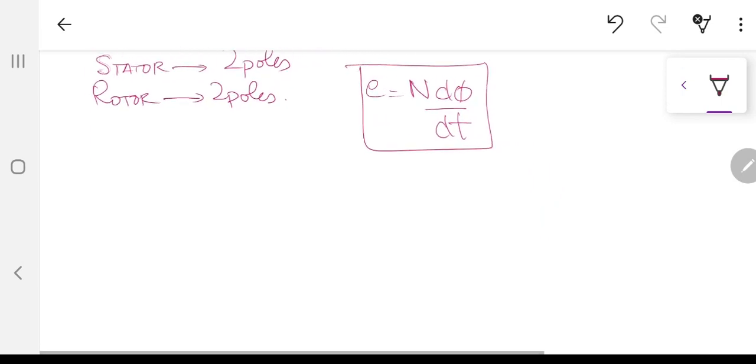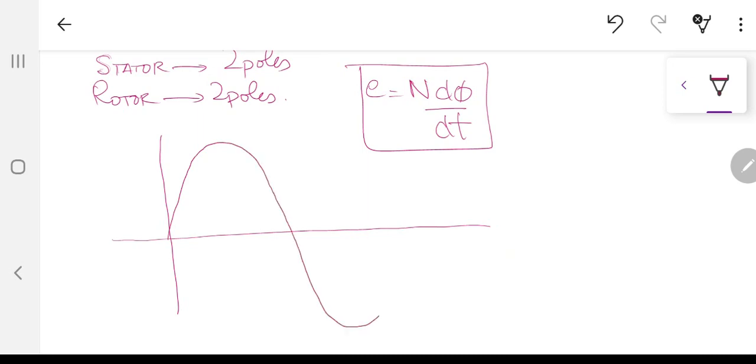But what I mean by this is, supposing I have this MMF wave plotted here, and this is the two pole pitches. By two pole pitches I mean that this is the north pole and this is in front of the south pole.